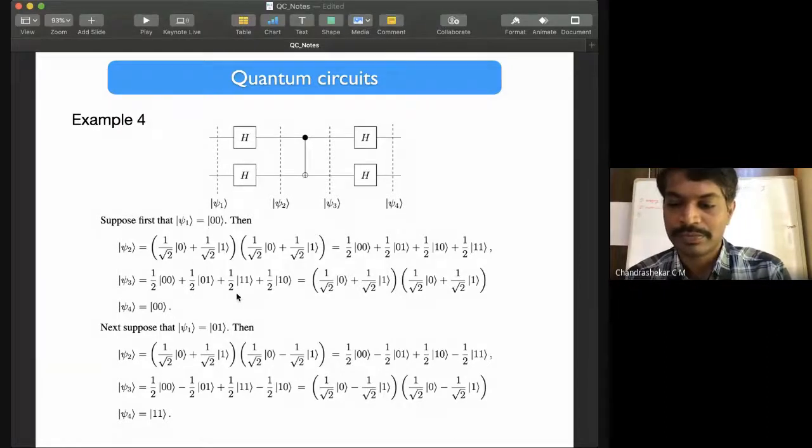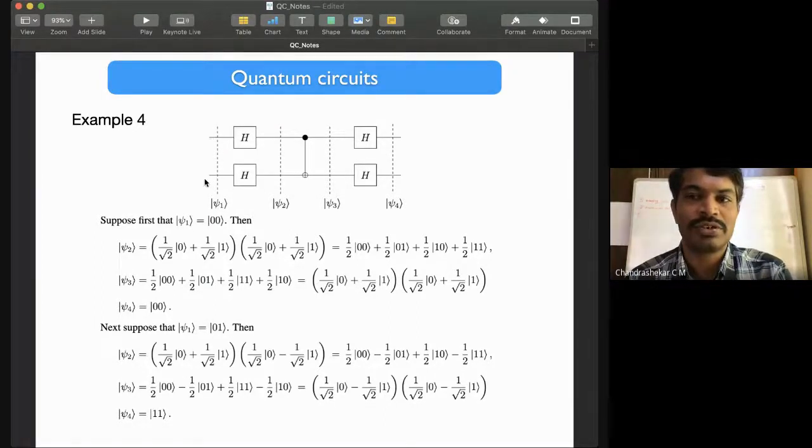No, it's not the same for all states, because this is the second example we are looking at here. Instead of starting from 0, 0, if we start from 0, 1, where my first qubit is in state 0 and the second qubit is in state 1, I repeat the same process. I apply a Hadamard operator and I get an output.